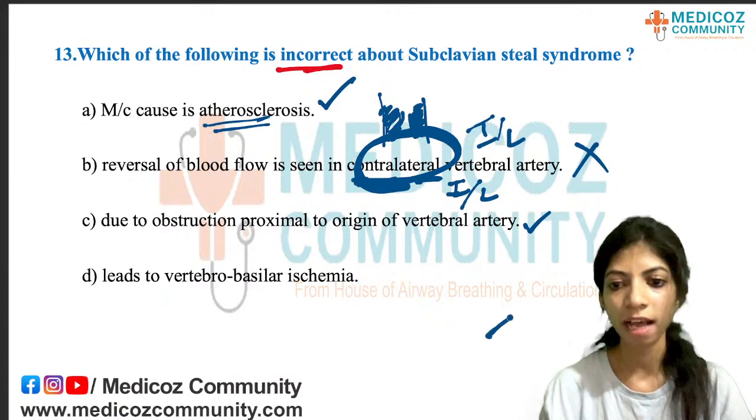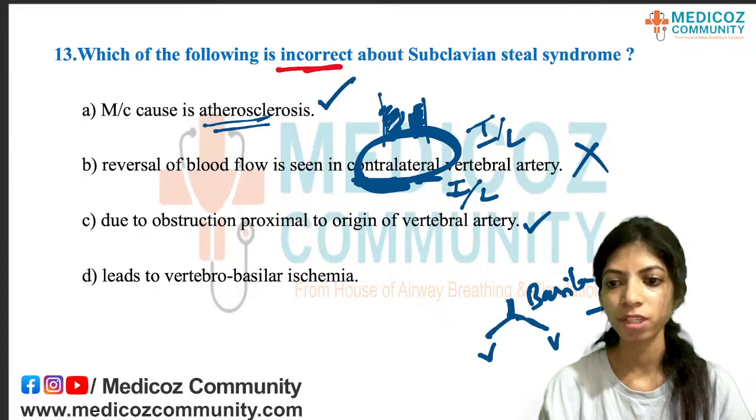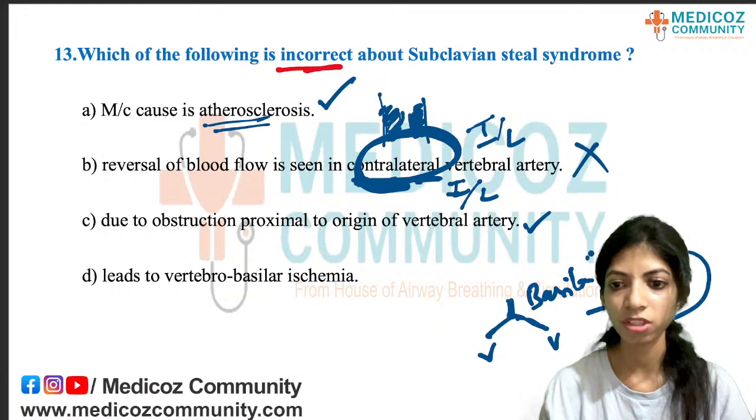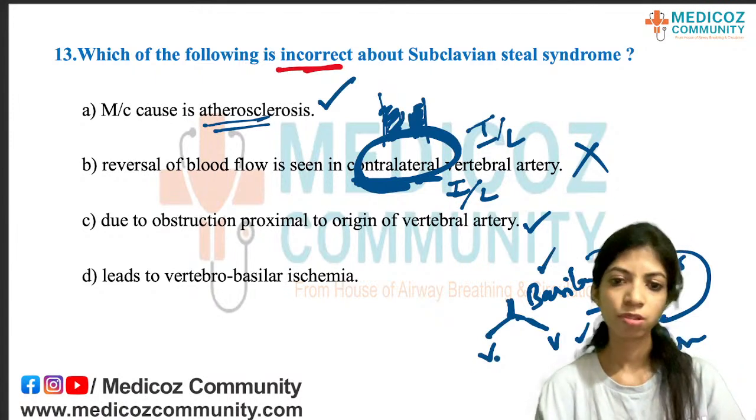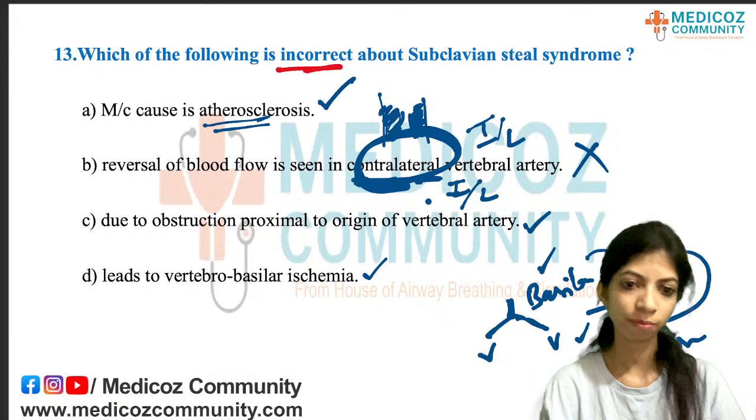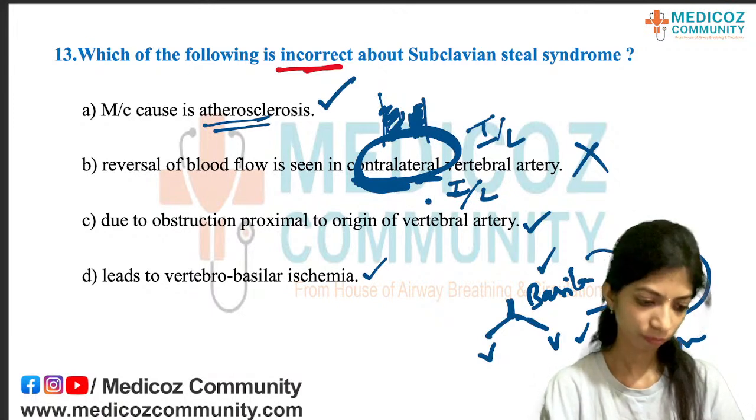As we have seen, these two vertebral arteries combine and form the basilar artery and supply the posterior part of the brain. If there is any obstruction, it causes ischemia to this posterior part of the brain, which is called vertebrobasilar ischemia, due to these vertebral vessels and basilar vessels. So this is also a correct option. I hope it's clear to everyone.